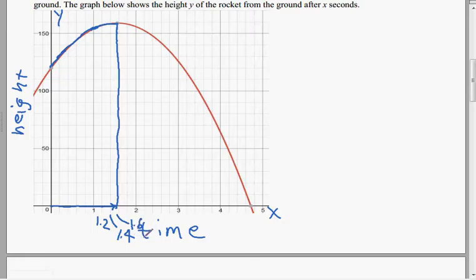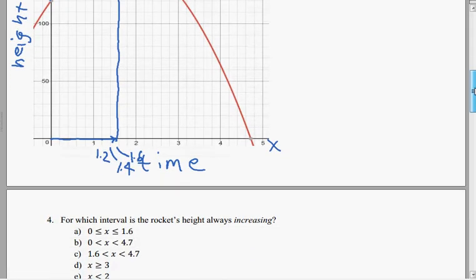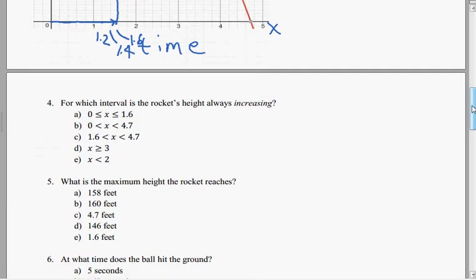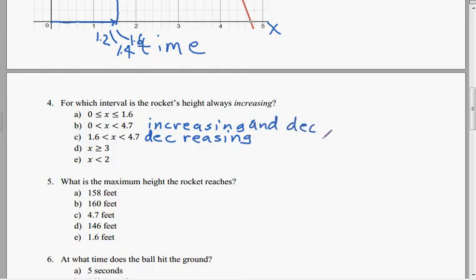I know approximately 1.6, the rocket turns around and starts going back down. So it is decreasing on this interval. On this interval, it's doing both. This is the time when it's in the air, so it's increasing and decreasing. But from 0 to 1.6, it is always increasing.